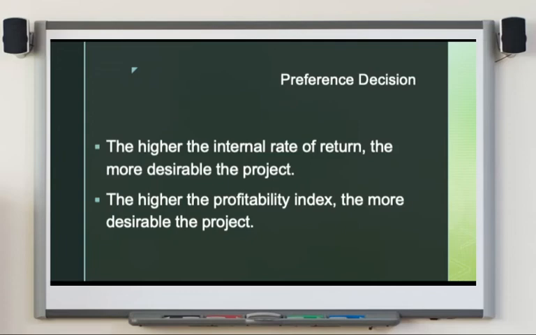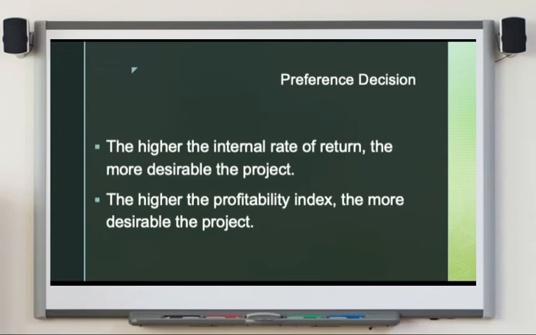However, as presented in our reference, internal rate of return and the profitability index are the best measures for preference decision because the internal rate of return gives us an easy way of comparing to our desired minimum rate of return.